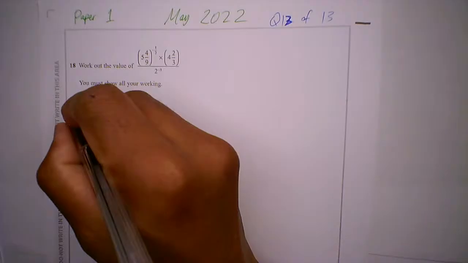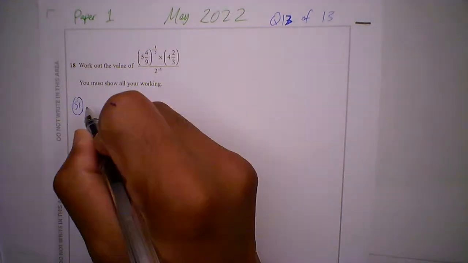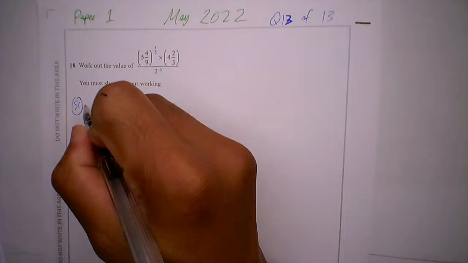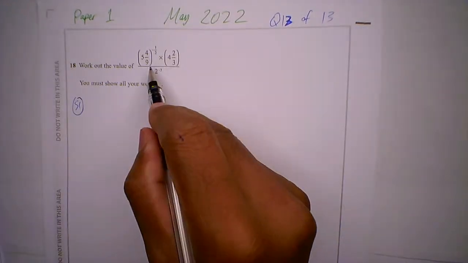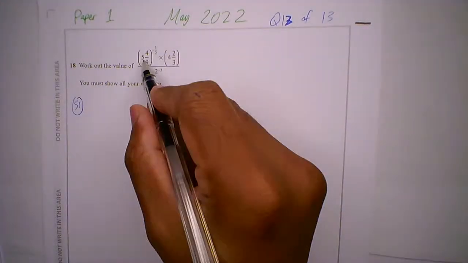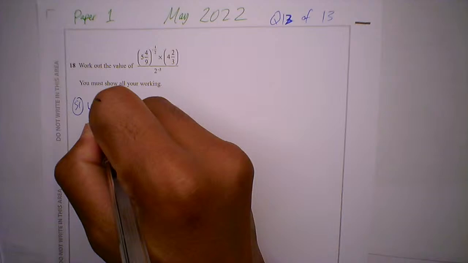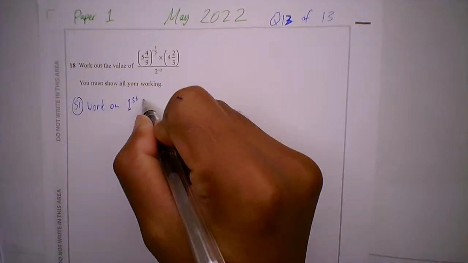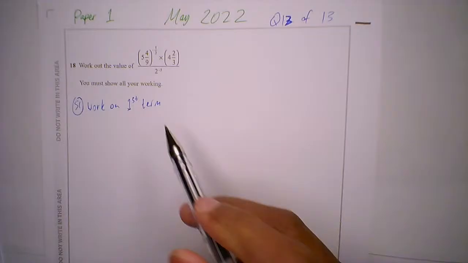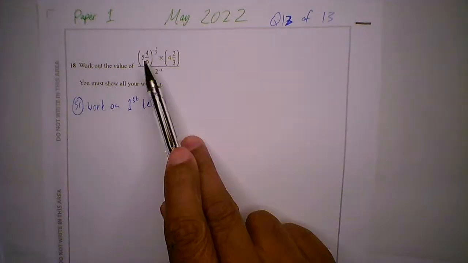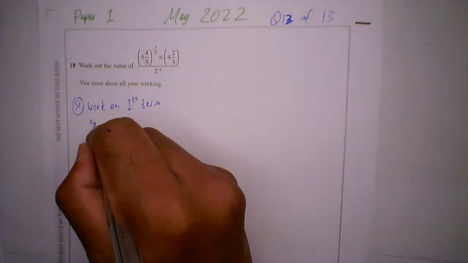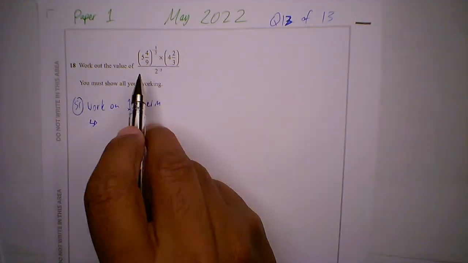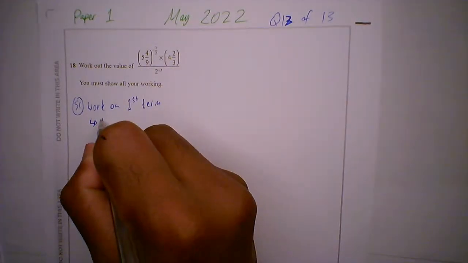So step 1 is work on each term. Work on the first term. And so here I'm going to have to change this, this is a mixed number, to a fraction.